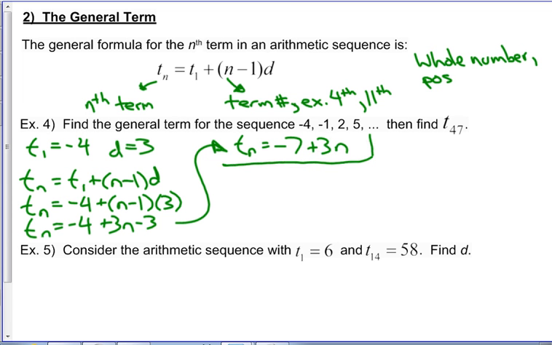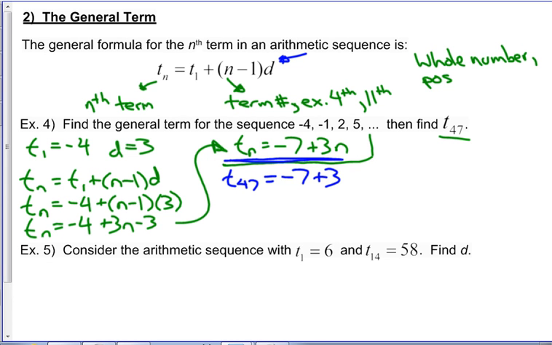Okay? Now if we want, say, the 150th term, we can just plug into that formula. In this case, we're asked for the 47th term. So we could go all the way back to here and use this formula again. But we've already got a simplified version. Let's plug into that. T47, meaning the 47th term, is -7 plus 3n.